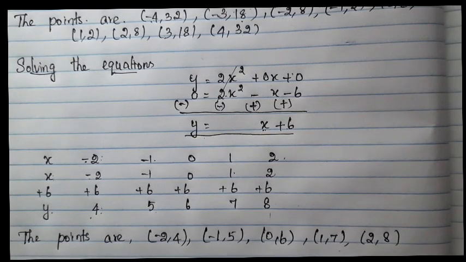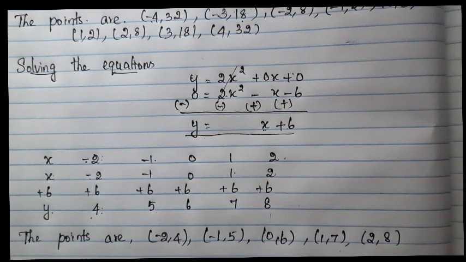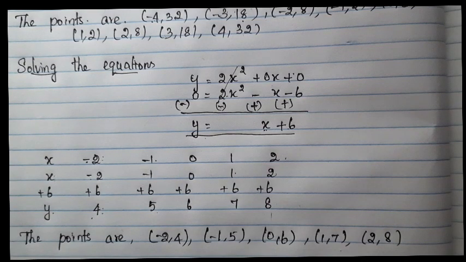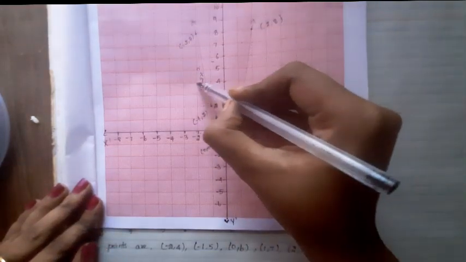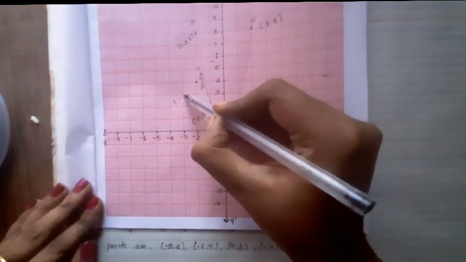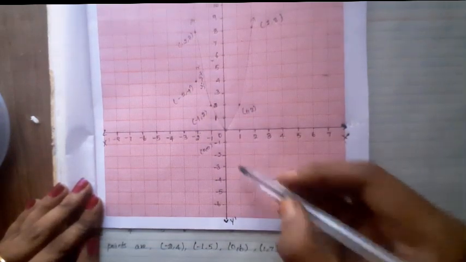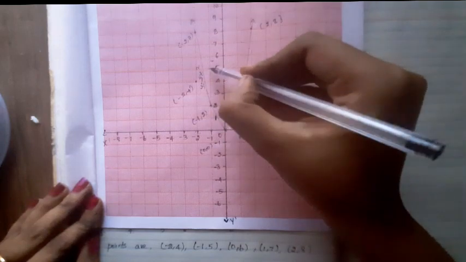So next, again on the same graph, we have to plot these points. See this, minus 2 comma 4. So you will get minus 2, then 4 is there. Write it, minus 2 comma 4. Then minus 1 comma 5. So here is minus 1, here is 5.